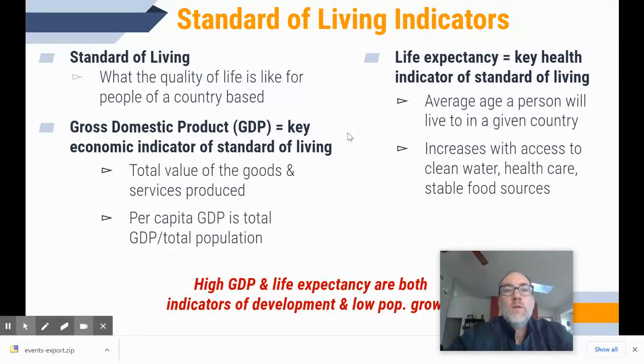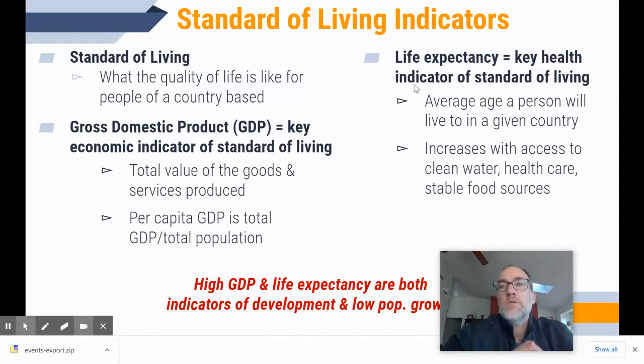So what's the quality of life is also a big factor. GDP, we talked about this at the beginning of the year. Gross domestic product is a key economic indicator of standard of living, and we use that to measure the economic wealth of a country or a person. We'll look at per capita.